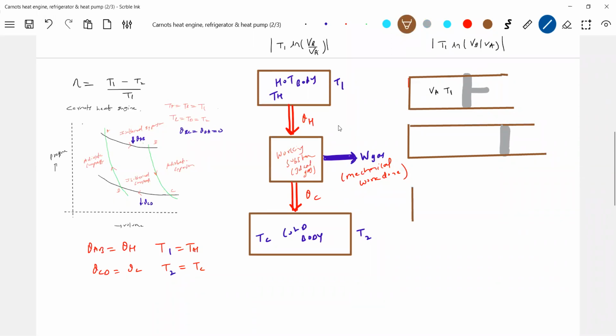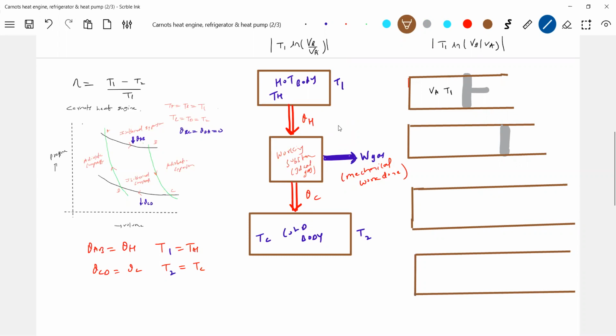These diagrams are missing, so let me help you with the diagrams. Adiabatic expansion. After adiabatic expansion, VB, VC, then VD should come.